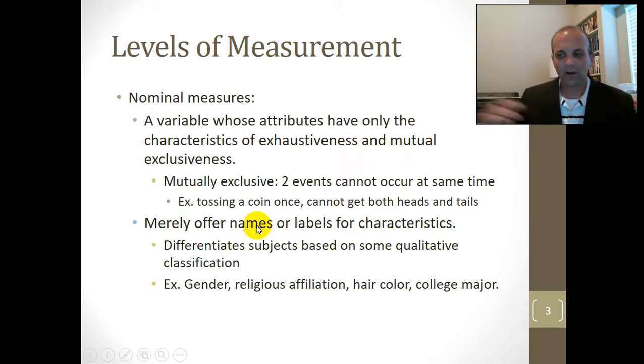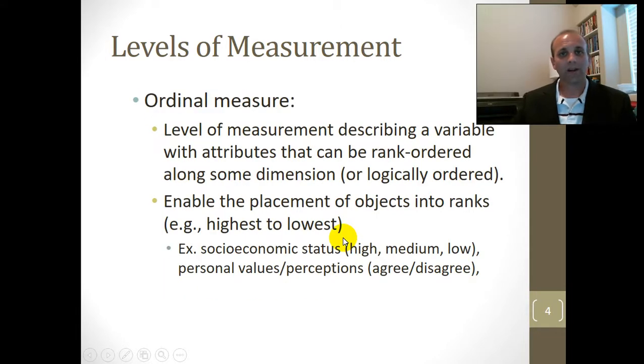It's not like you're rank ordering them. If you have religious affiliation, and you give Protestant a 1, Catholic a 2, Jewish a 3, you're not rank ordering them. You're not saying one religion is better than the next. It's merely a placeholder within that data set, typically.